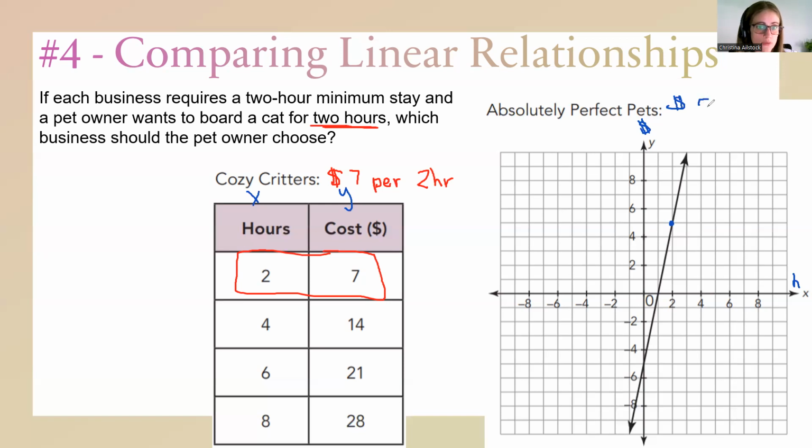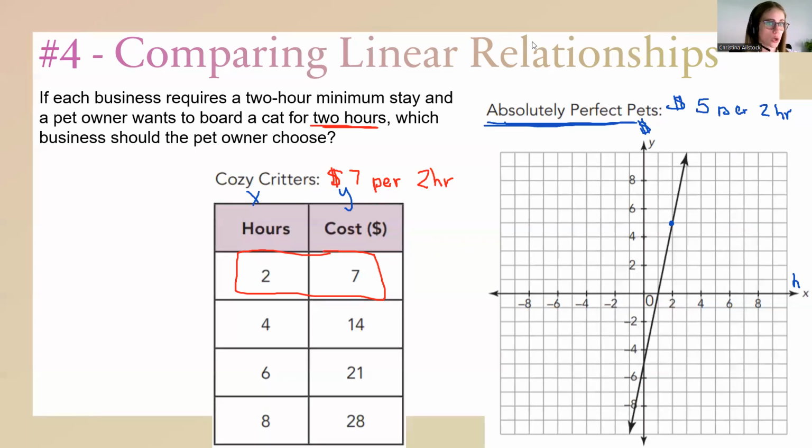So for absolutely perfect pets, it's $5 per 2 hours. All right, when we compare these two, if it's $5 for absolutely perfect pets, $7 for Cozy Critters, if we're just basing things off the money, this pet owner should choose absolutely perfect pets.